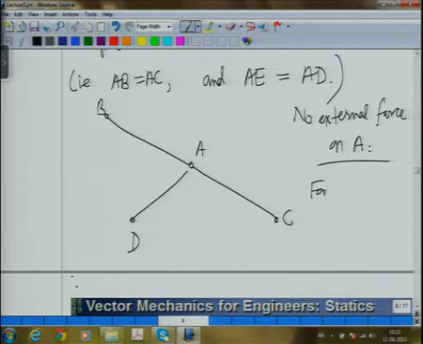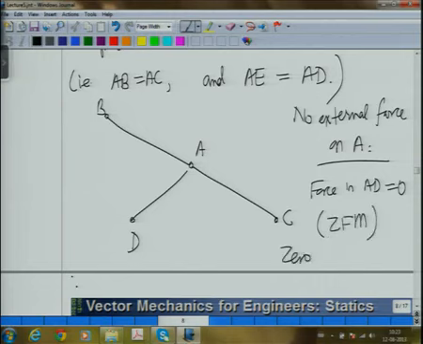So force in AD is equal to 0. Such members where forces are 0, we sometimes call a 0 force member. Okay.